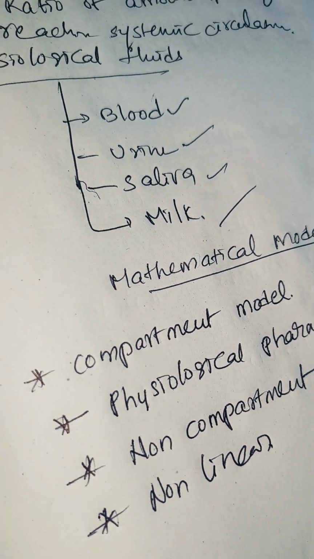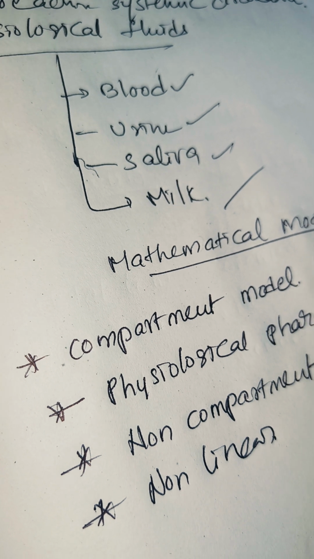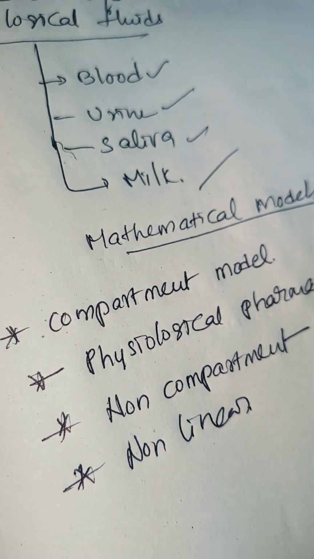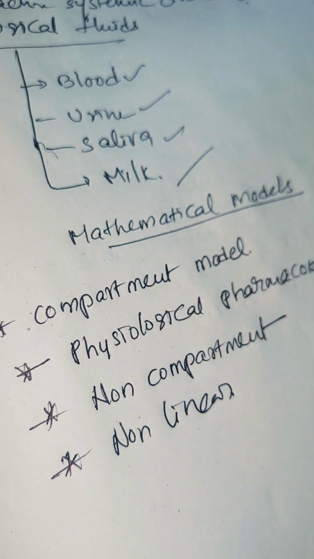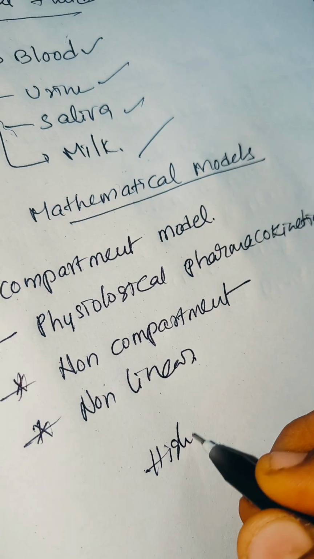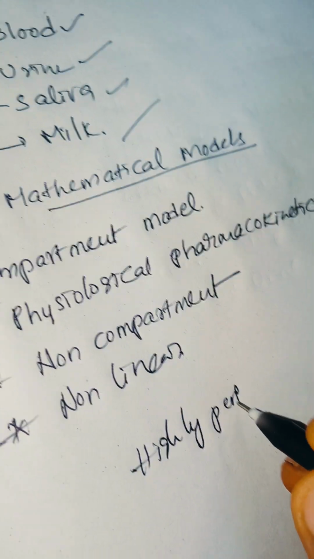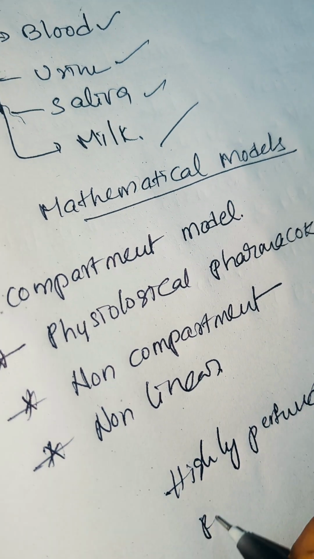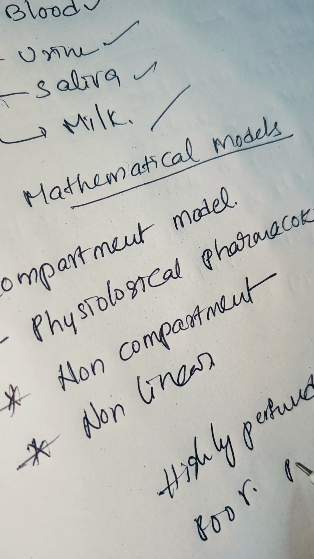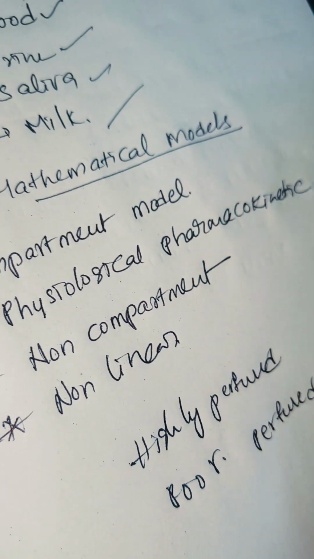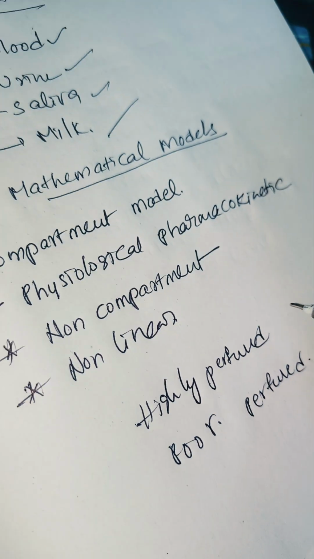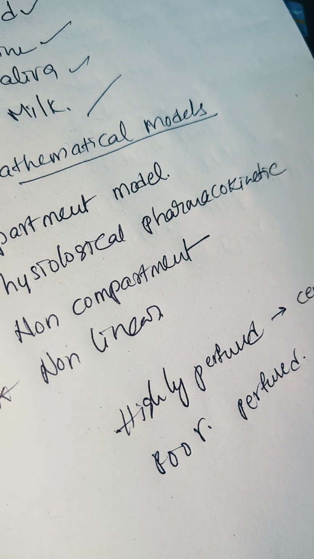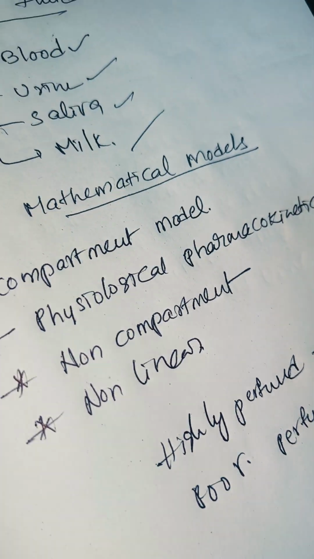When we study these, first we have to know the human body. The human body has highly perfused tissues and poorly perfused tissues. Highly perfused tissues come under the central compartment.